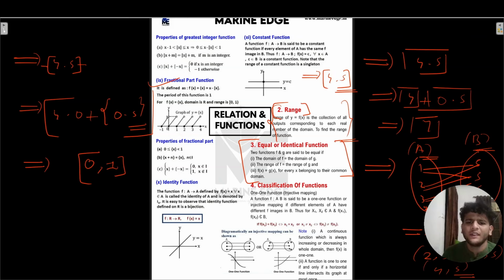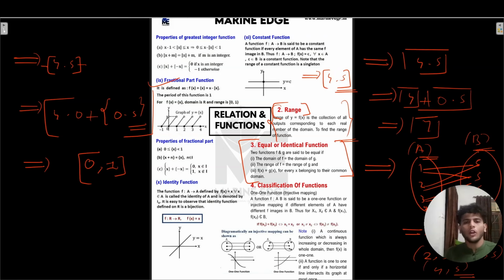Also, for f(x) and g(x), the values of those functions at each and every x belonging to their common domain, if they are equal, we can say that these two functions are equal or identical.